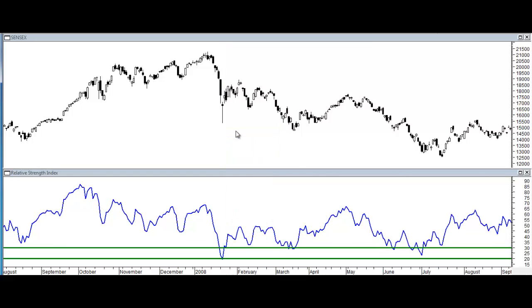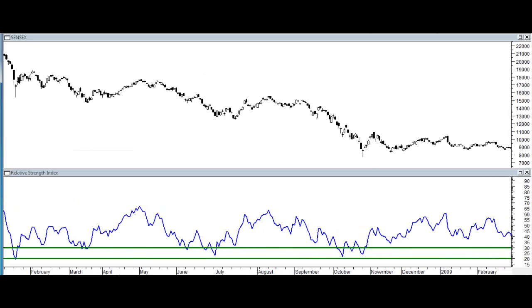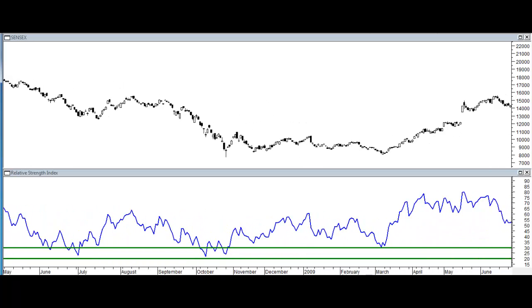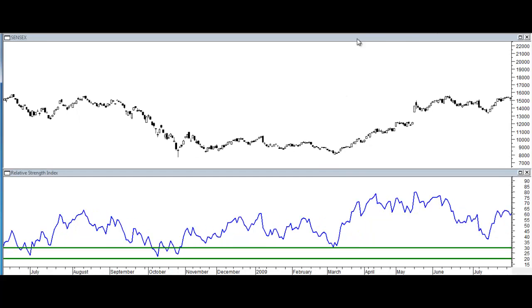So RSI entered the 30-20 zone 3-4 times post Feb 2008.